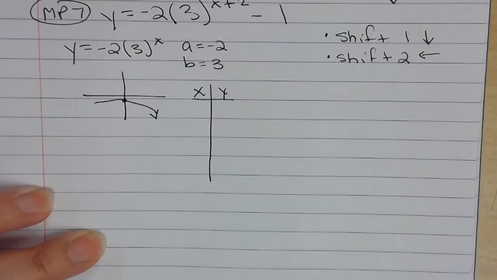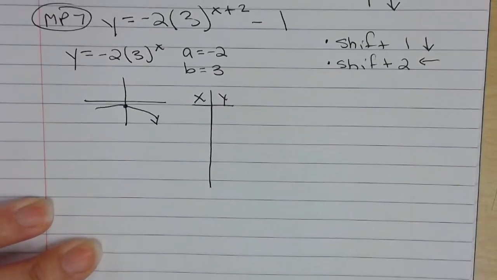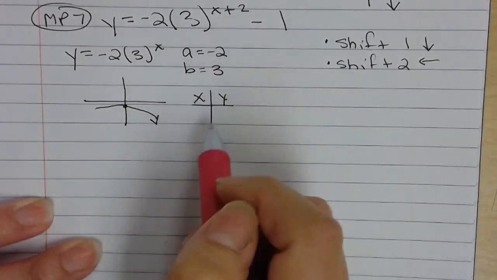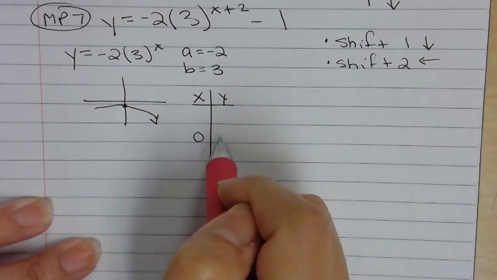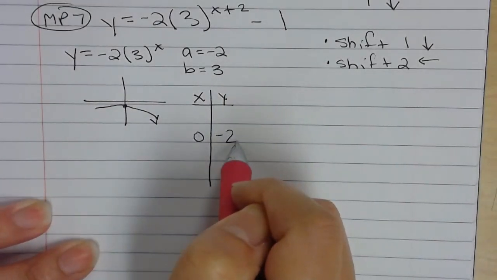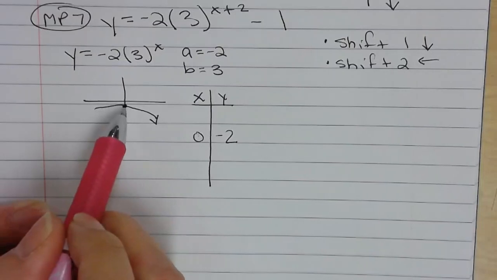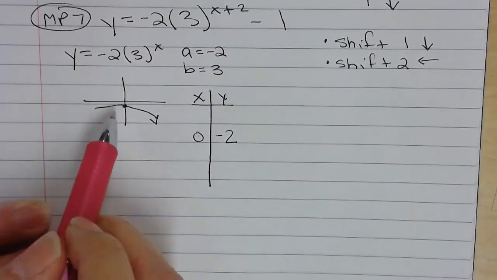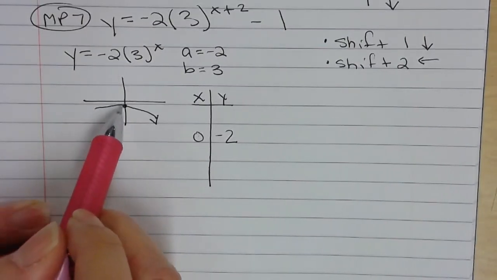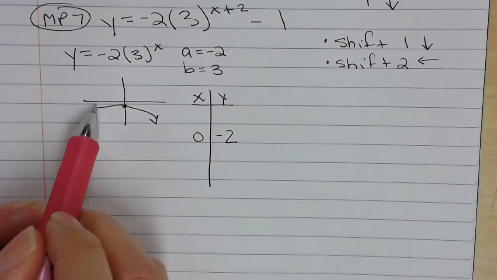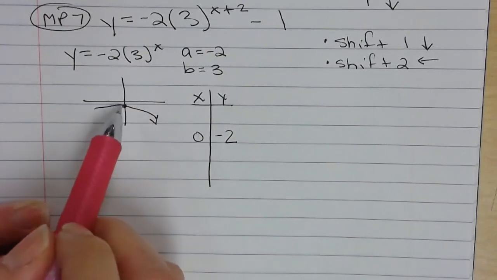Alright, so let's start graphing this since we have an idea of what it looks like. What is the very first point I know for sure? 0, -2. Thank you. Now, remember, if I pick negative numbers, the numbers are going to get super small, and they can't go past the axis. So let's pick some positive numbers.